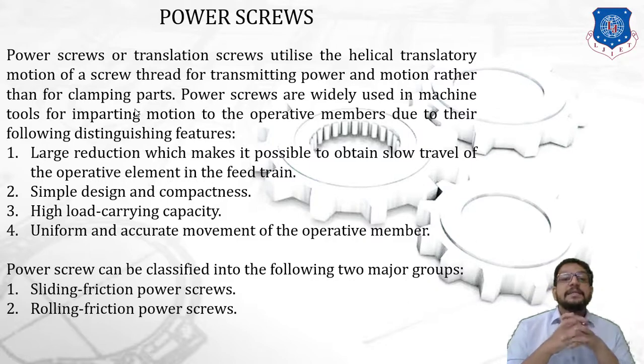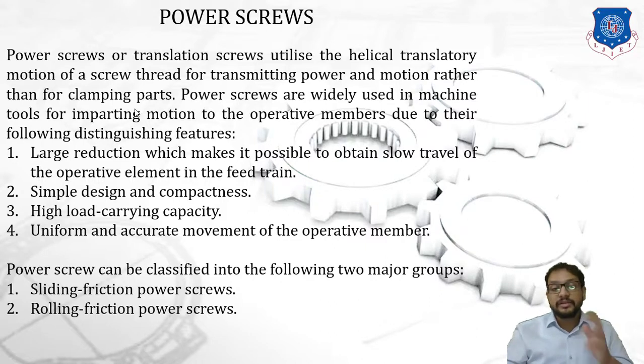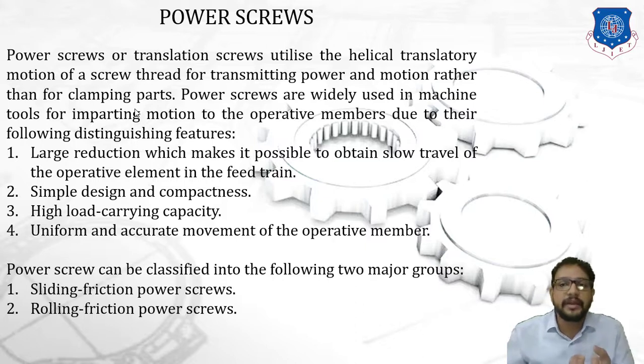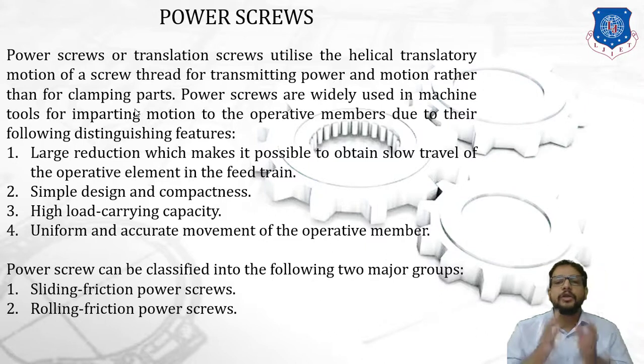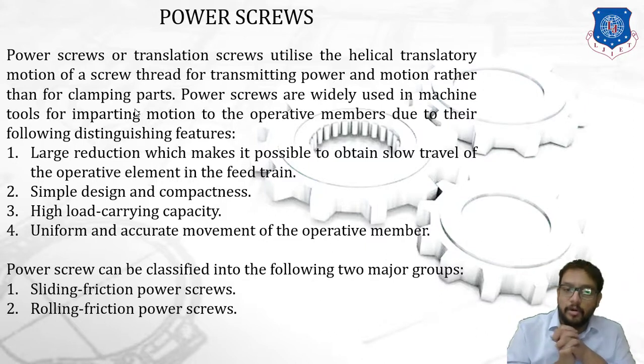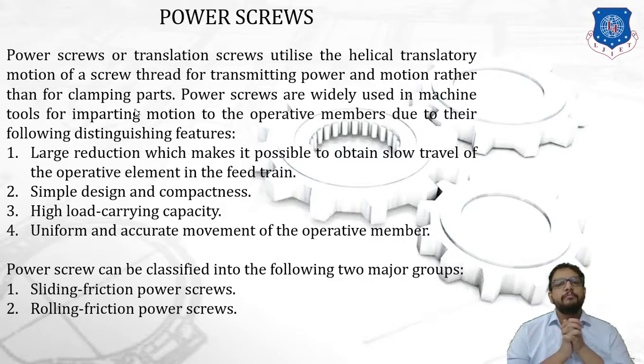Second is simple design and compactness. Third is high load carrying capacity. As we know, for lifting the car, the entire load is sustained by the power screw. And fourth, uniform and accurate movement of the operative member can be obtained by making use of the power screw.